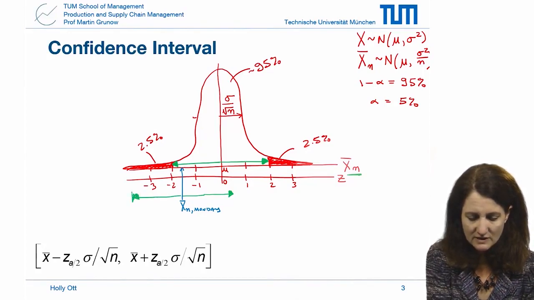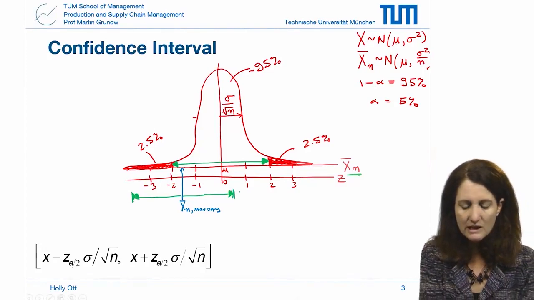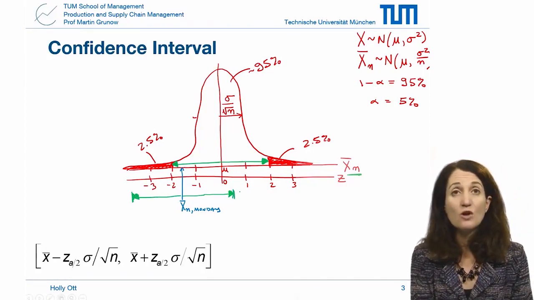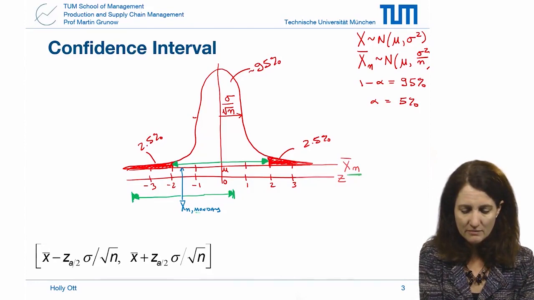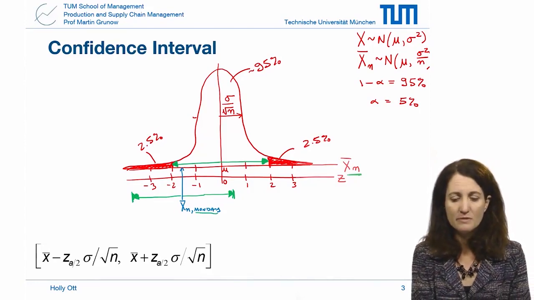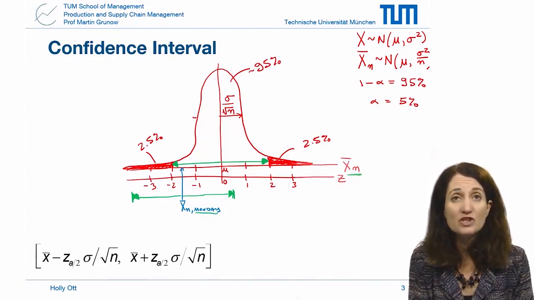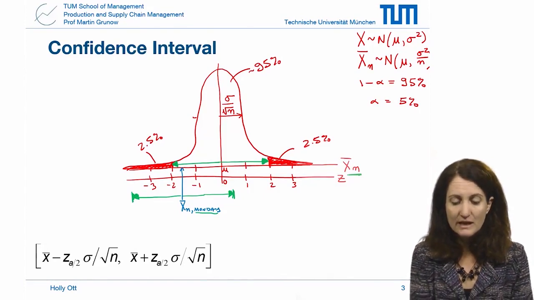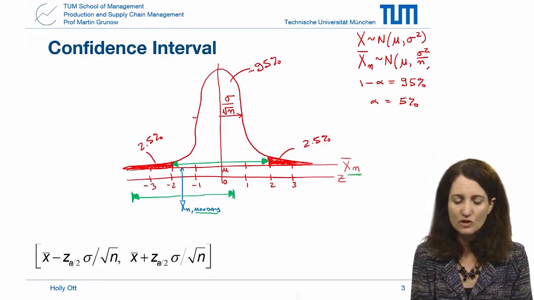These green lines should be the same. We say on Monday, this interval around my Monday sample mean has a 95% chance of containing the true mean. And in this case, it does. It contains the true mean.